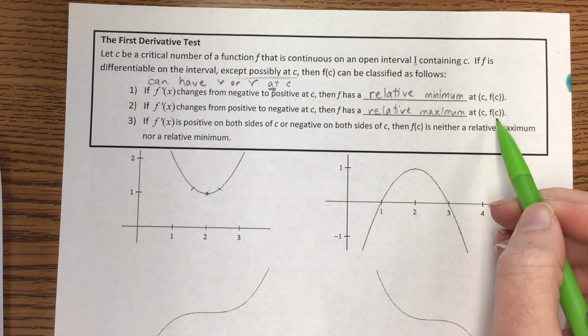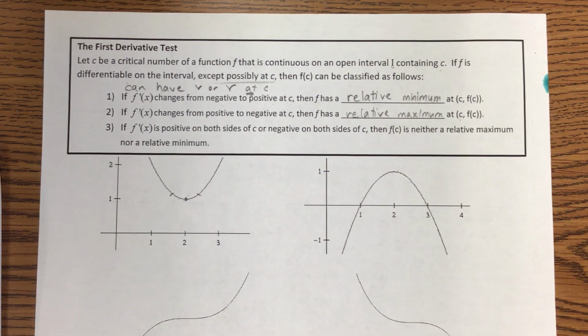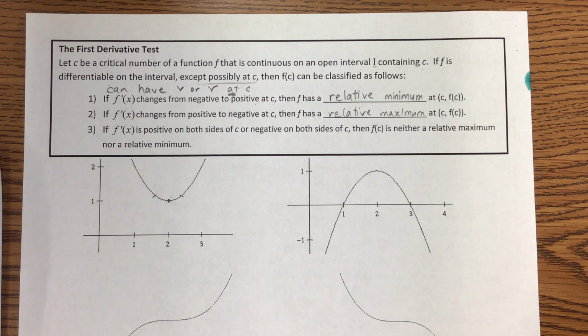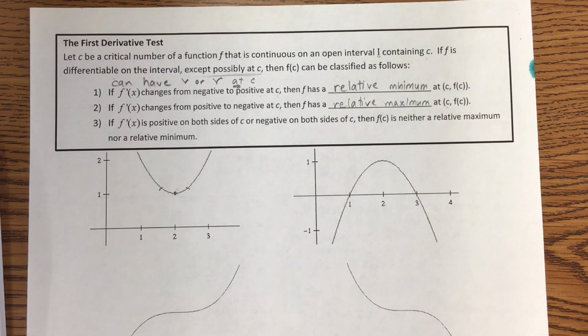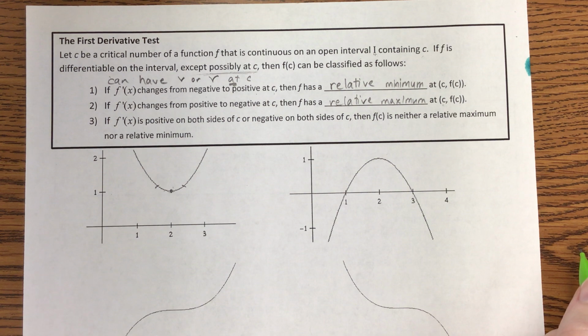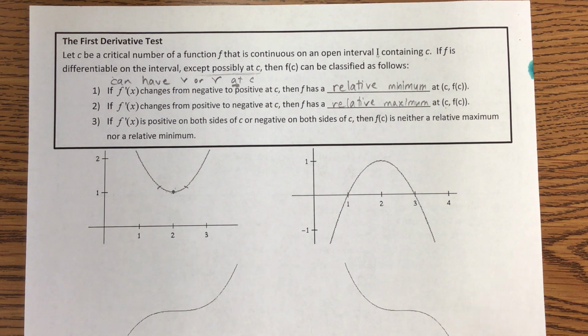X value, y value. Number 3, if f prime is positive on both sides of c or negative on both sides of c, then f of c is neither a relative maximum nor a relative minimum. Alrighty, let's take a look at the examples, and I'll refer back to 1, 2, and 3 up above.